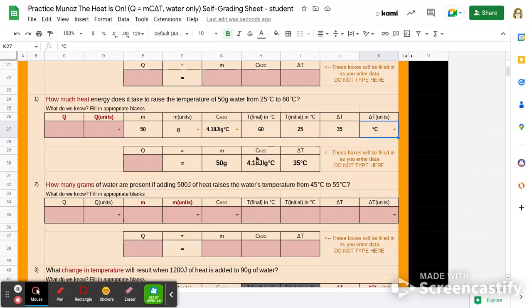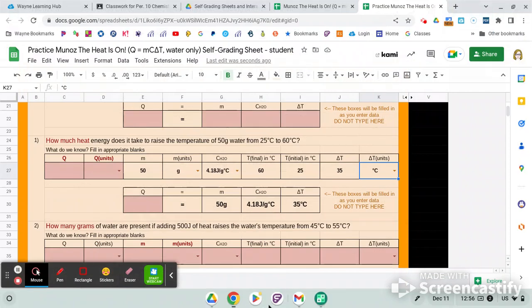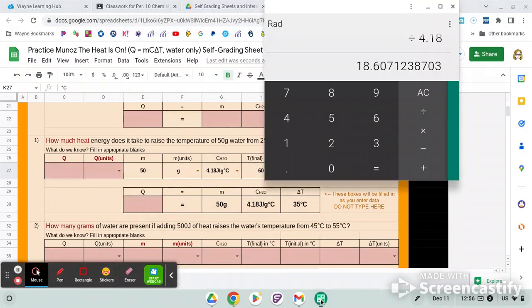Then when you solve for Q, you'll do 50 times 4.18 times 35. We'll just put that in our calculator real quick. 50 times 4.18 times 35, and we get 7,315.